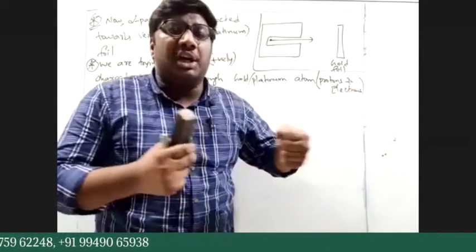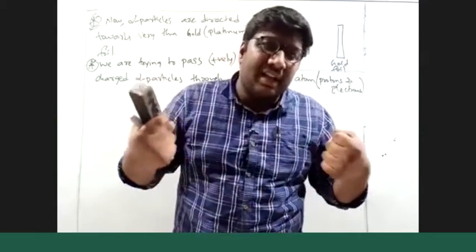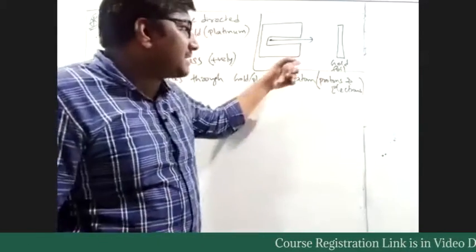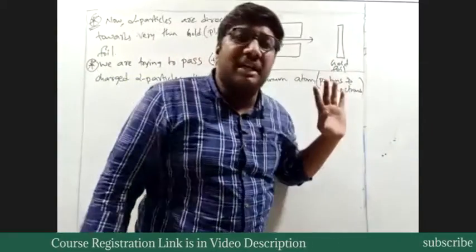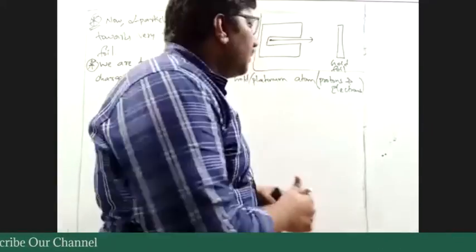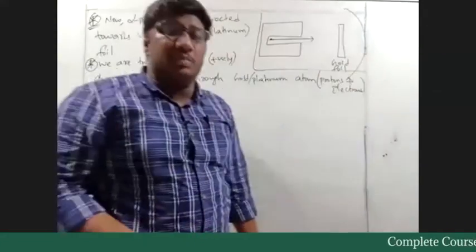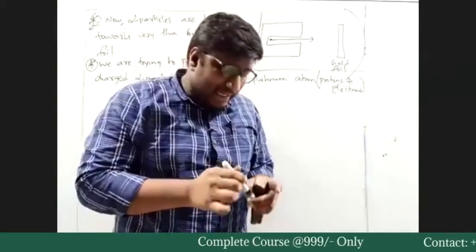So positive will have repulsions. So these alpha particles will not pass through that gold foil. That means the screen we have will not glow. Yes or no? Are you getting the idea?